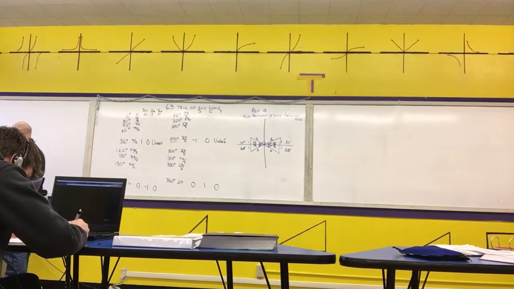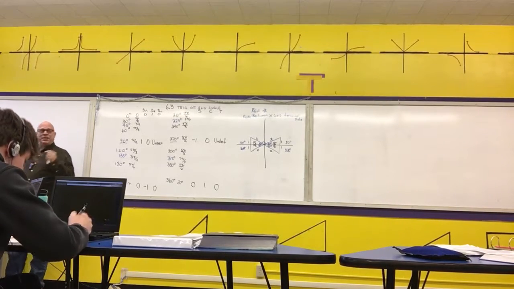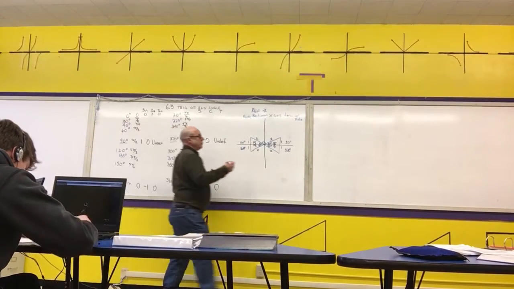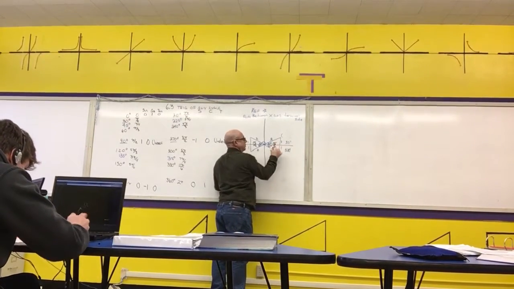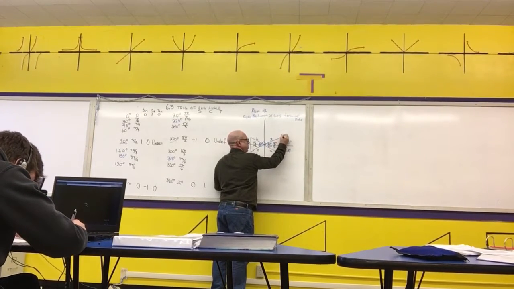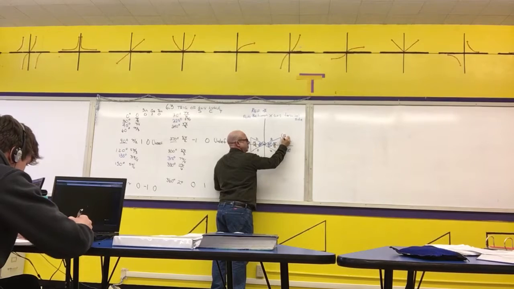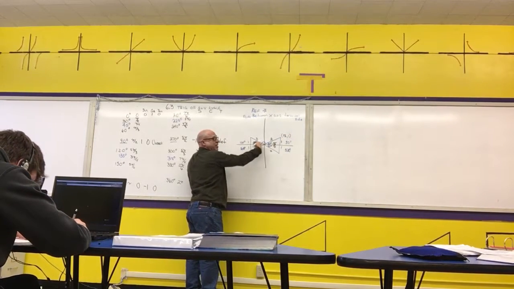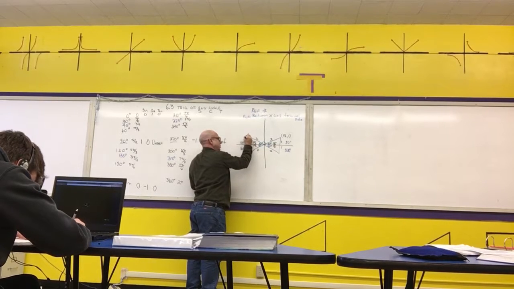So my next step is to label the coordinate on the terminal side. Well, x is square root of 3, y is 1. X is square root of 3 in the negative direction, and y is a positive 1.